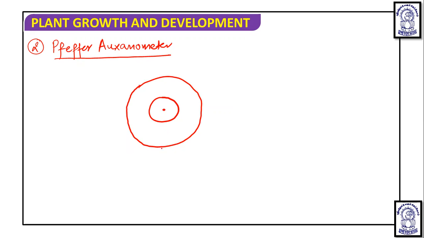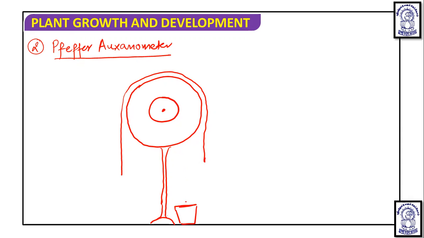Now these pulleys are arranged over some stand like this. And here, over this bigger pulley, one weight is added, and here one potted plant is taken.